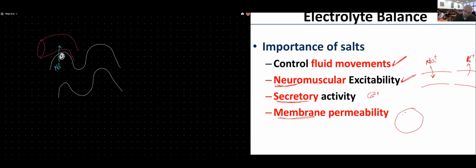So if I didn't have the sodium, I wouldn't have been able to reabsorb the glucose at the same time. Here, the membrane is permeable for the glucose because of the presence of the sodium. If I didn't have sodium, I wouldn't have been able to allow the glucose back into my blood.